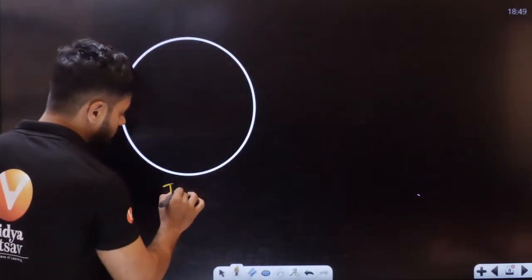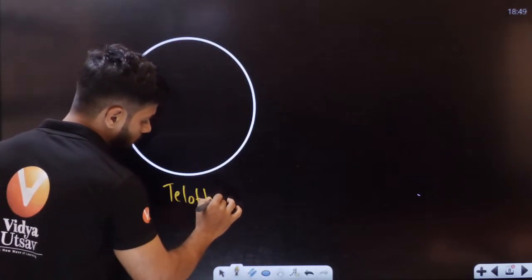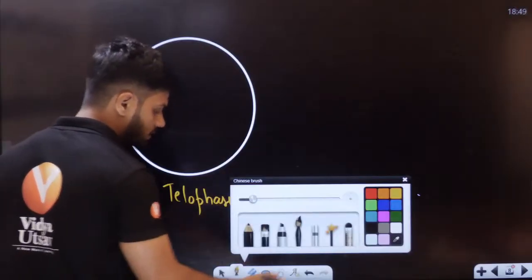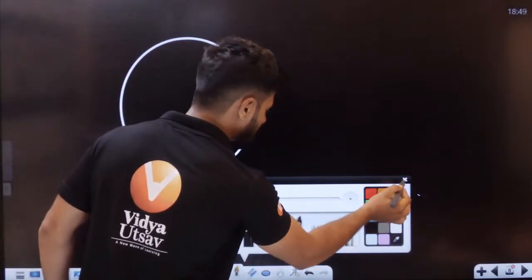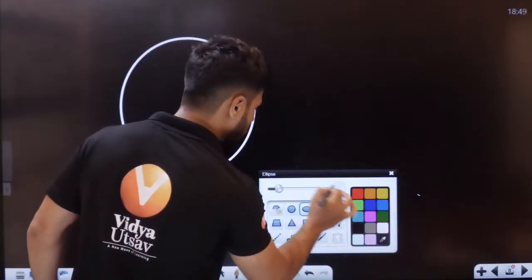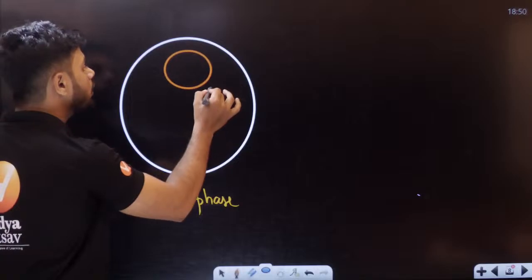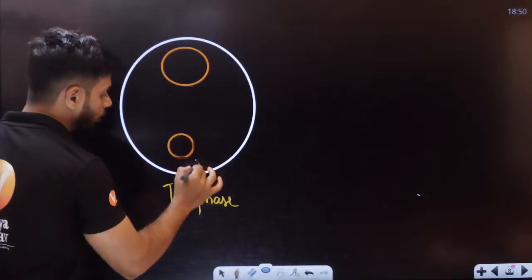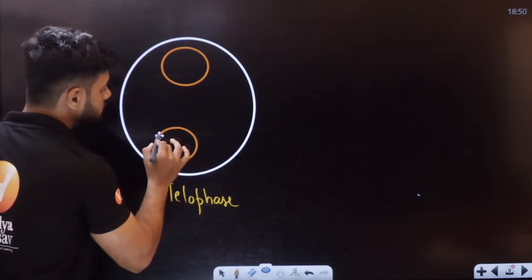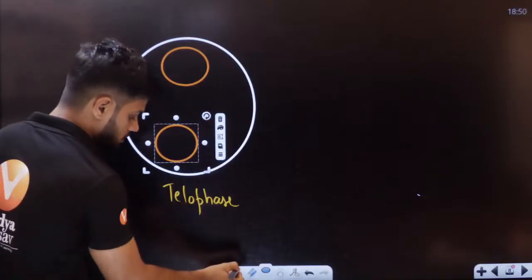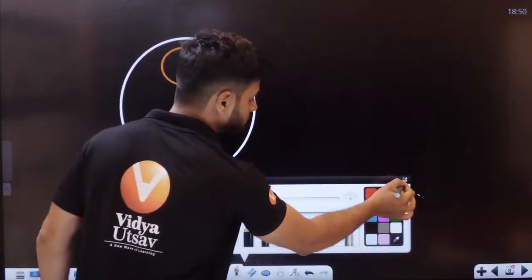In the case of telophase, students, the chromosomes all will go to the opposite poles, like this.